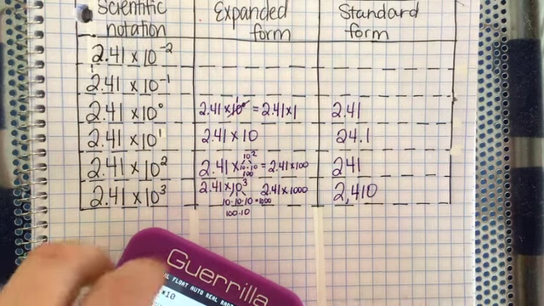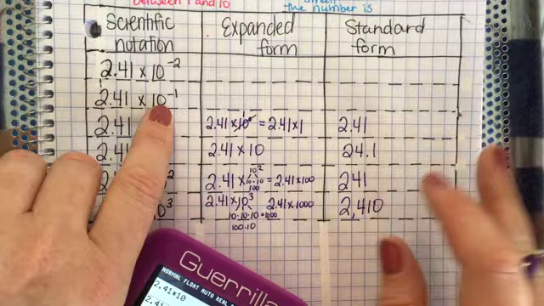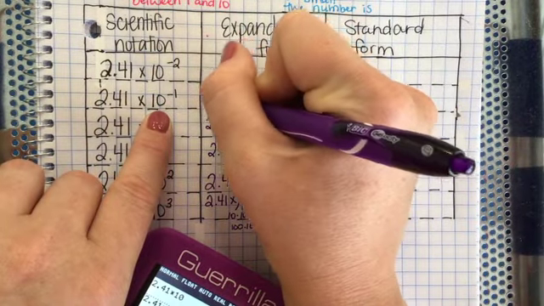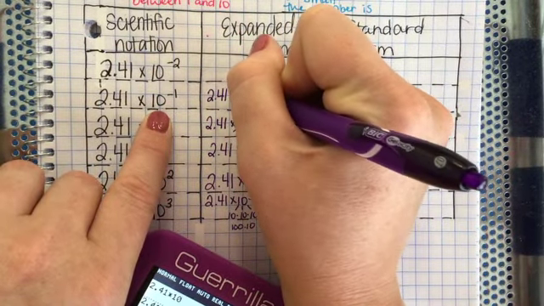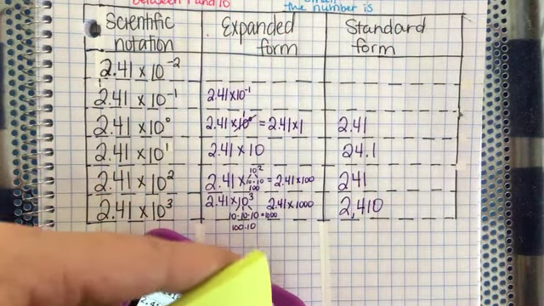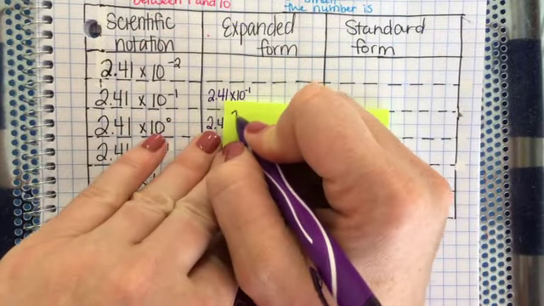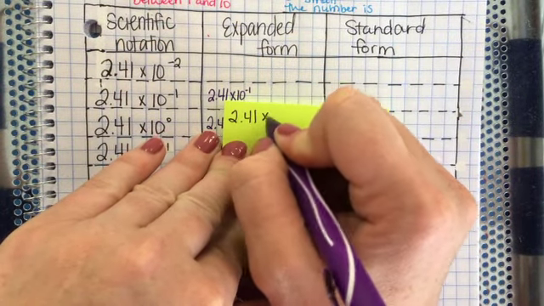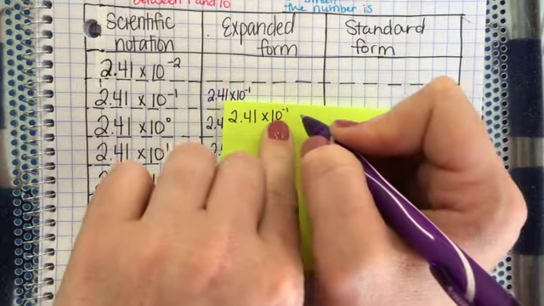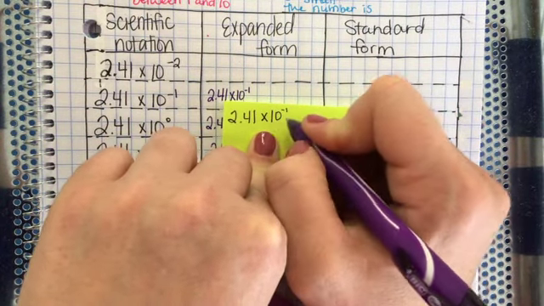Alright, now this is where it starts getting a little bit trickier. If we have a negative exponent, so we have 2.41 times 10 to the negative first. Well, remember, what does a negative exponent do? It moves it to the denominator.